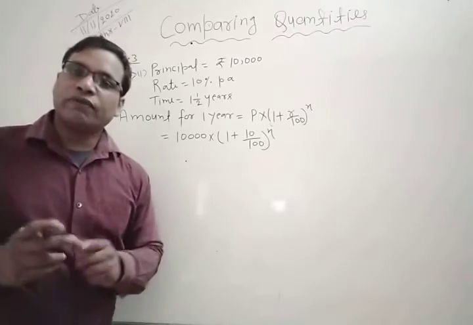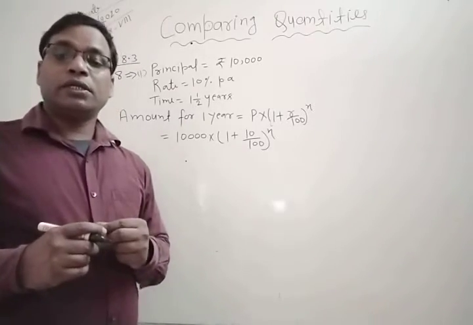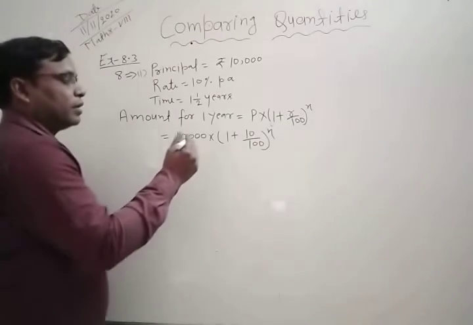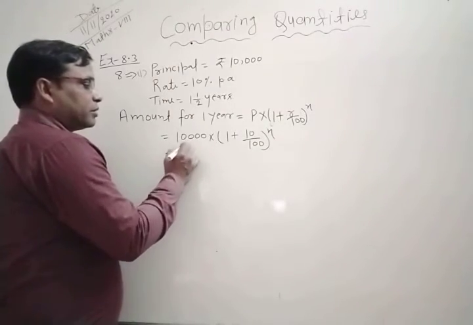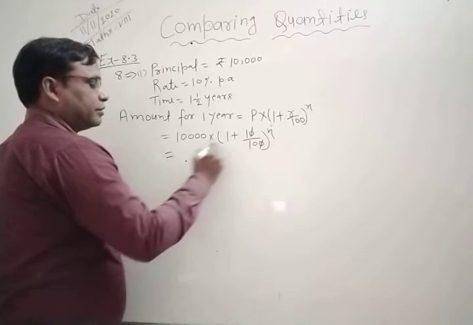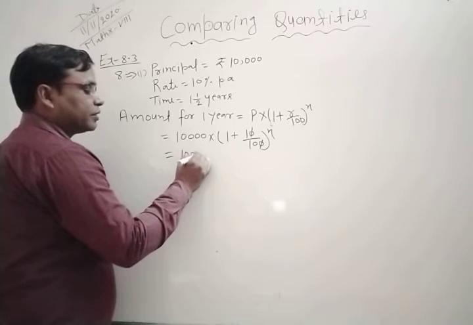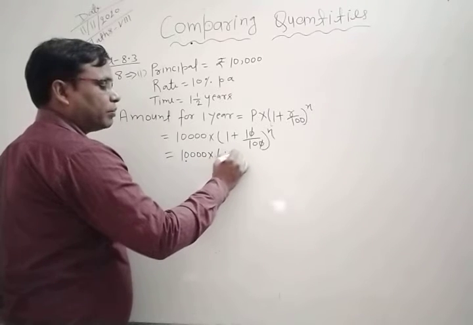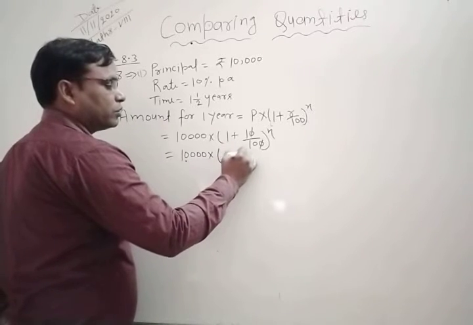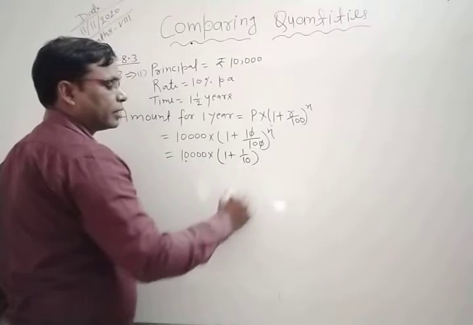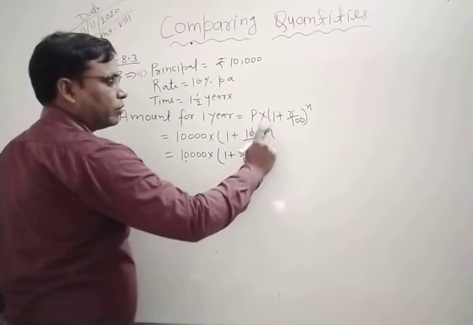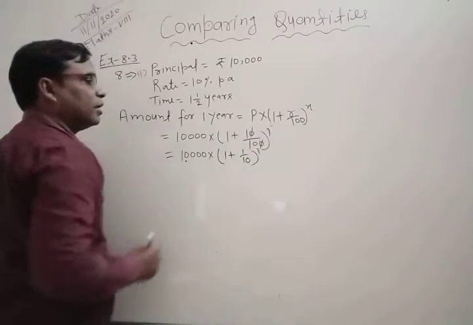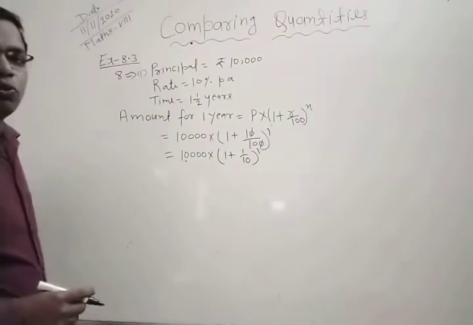And now we are going to find the amount for 1 year compounded annually. So the 0 cancels. We can write it again as 10,000 into 1 plus 1 by 10. Power n is equal to 1, because we find the amount for 1 year.